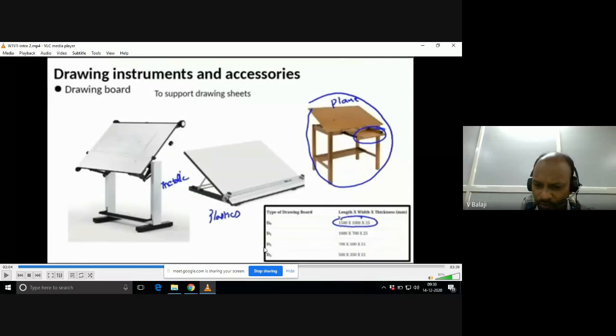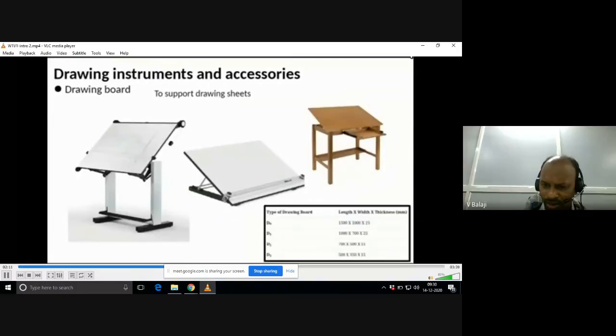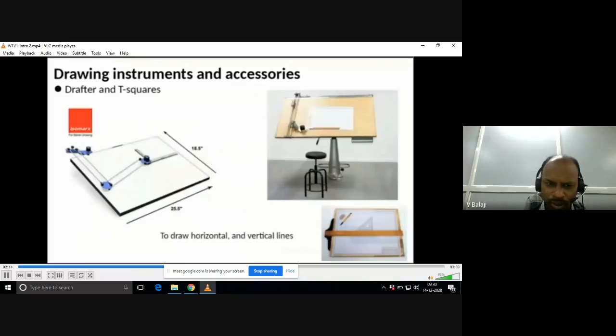Similarly, D2, we can accommodate A2 sheet. D3, we can accommodate A3 sheet. If you take any standard textbook, you can find all the sheet sizes and drawing board sizes. No need to worry about it now.